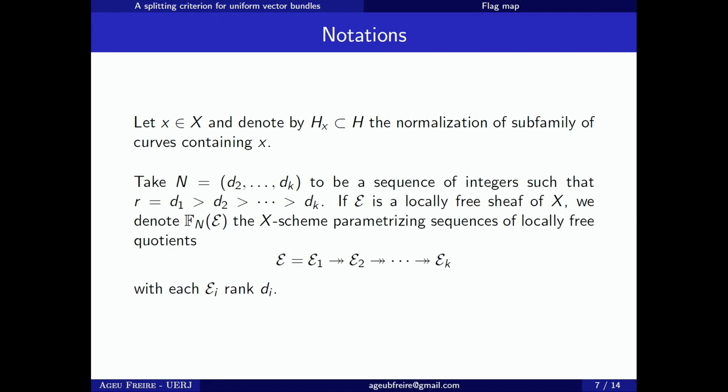And by a (k-1)-tuple d2 up to dk, and E a locally free sheaf, we denote by F_d(E) the flag scheme which parameterizes sequences of locally free quotients of E, where each part in the sequence of quotients is assumed to have rank di.